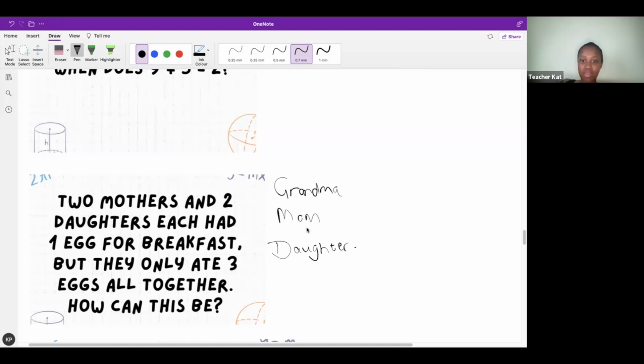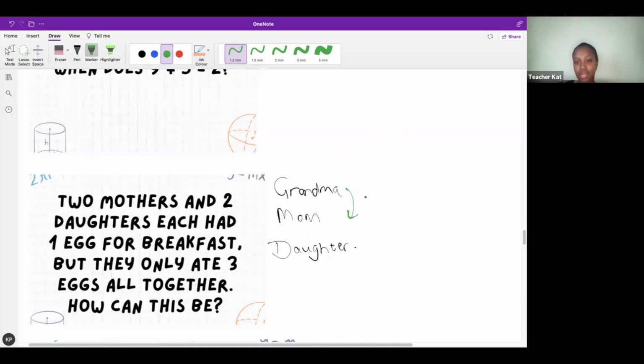Okay? 2 mothers. Grandma is mom's mom, and mom is daughter's mom. And 2 daughters. Daughter is mom's daughter, and mom is grandma's daughter. Do you guys get it? So they only need 3 eggs because it's only 3 people. Okay, Logan, think about it carefully, right? It says 2 daughters and 2 moms, okay?